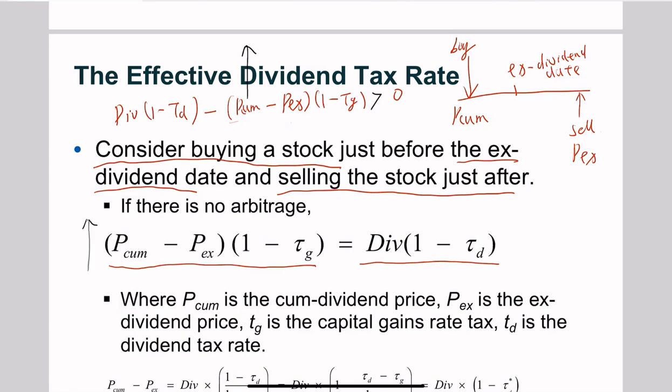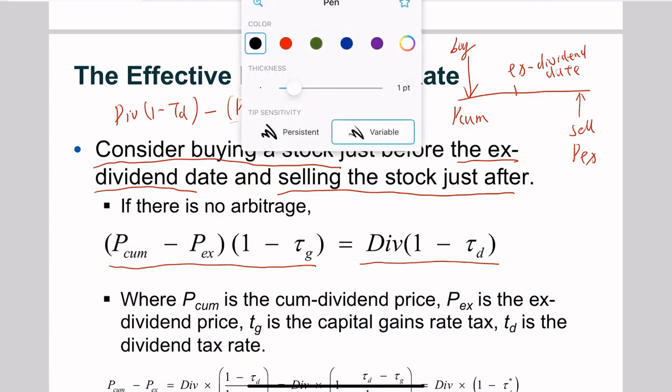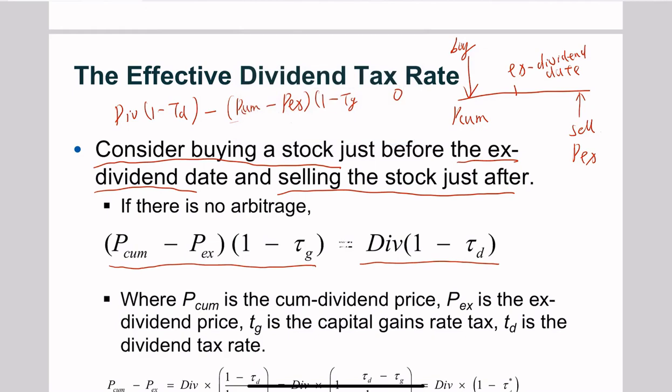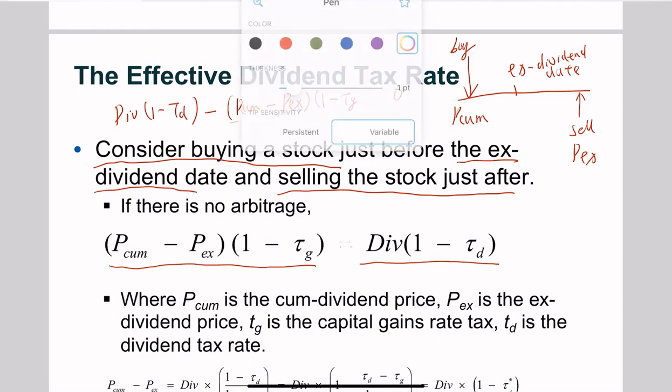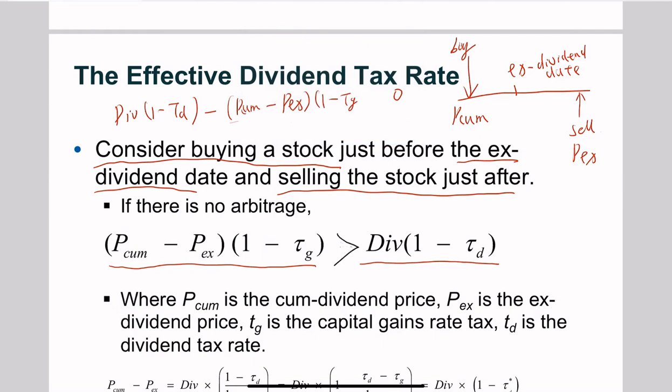And by the same reasoning, you can make a similar argument. Let's say we have an inequality sign like this. In this case, you can see that making the purchase before the ex-dividend date and selling the share after the ex-dividend date will give you a loss, right? So this would be smaller than 0. In this case, nobody will want to buy this share before the ex-dividend date.